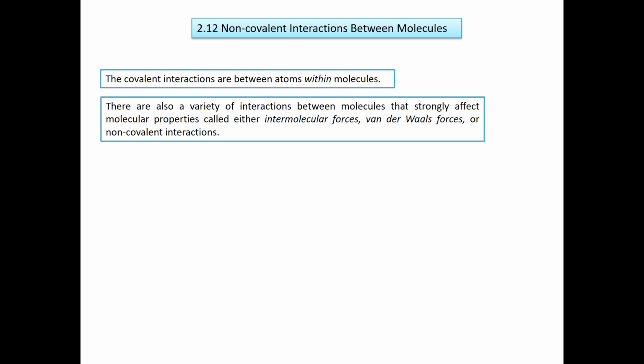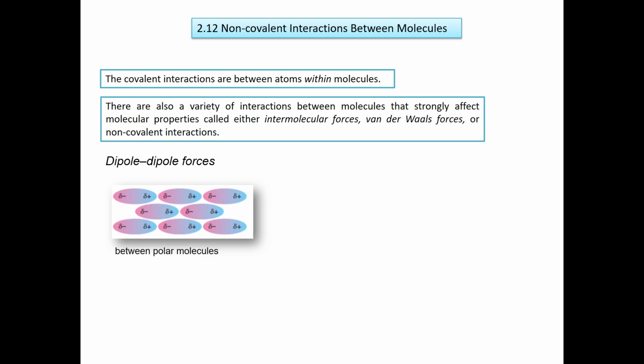These induced dipoles create an attraction between the molecules. Of course, if we have a negative dipole and a positive dipole, these will be attracted. These are the van der Waals forces. That is, when we have only apolar bonds, it's the weakest force.